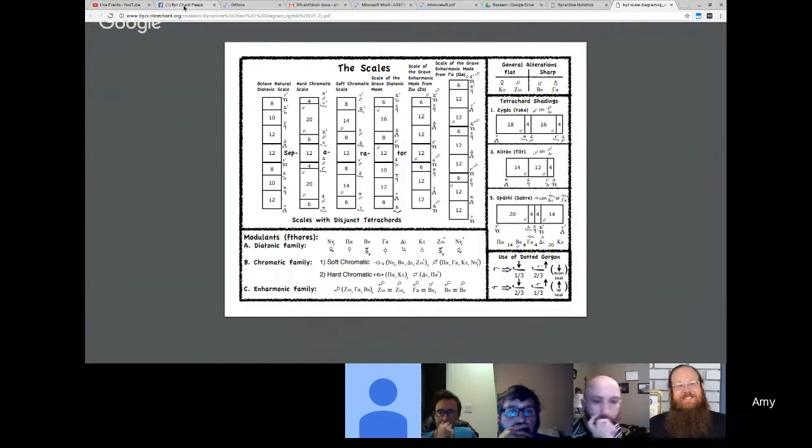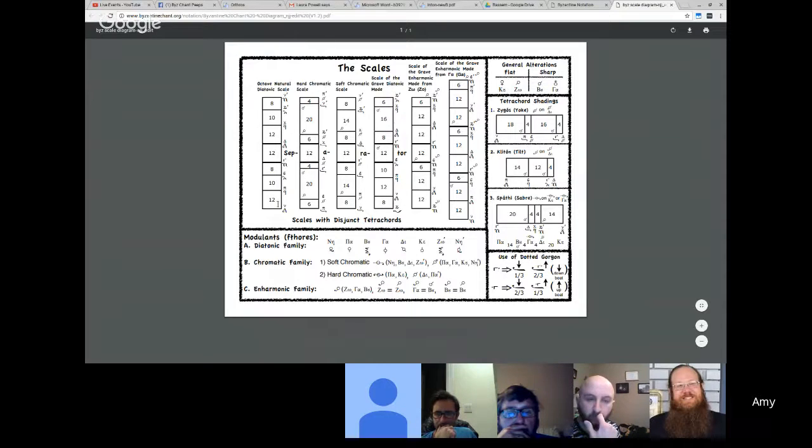And I found that the only way I could do it was by comparing one scale to another, and by starting out with the intervals that I knew. So pretty much everyone knows how a whole step should sound. Most people know how a half step should sound. And then most people know how a perfect fourth should sound.